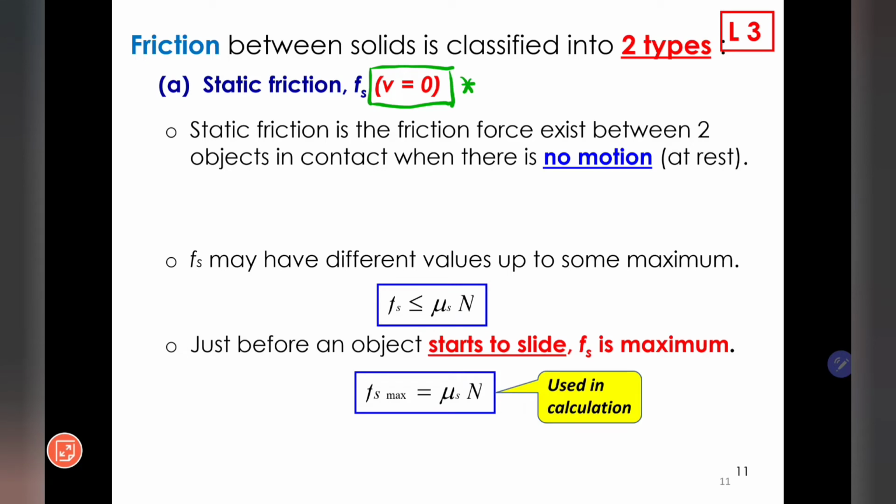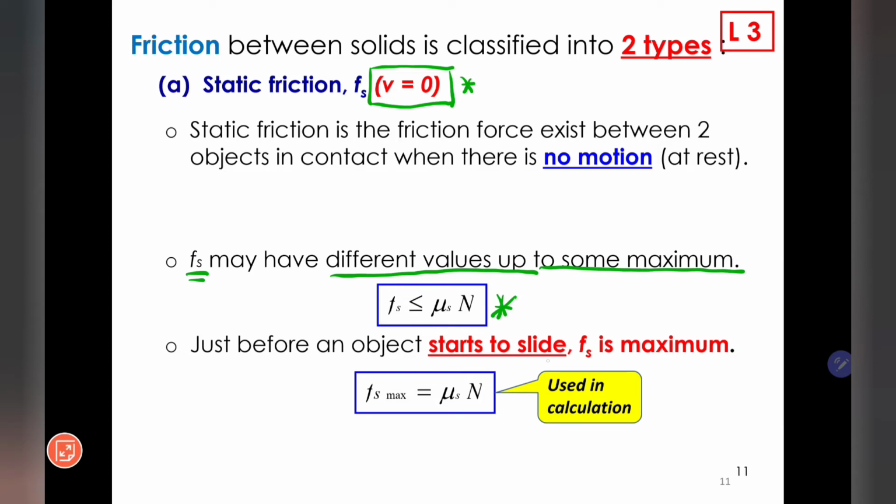Static frictional force may have different values up to some maximum. So the general equation of static frictional force is Fs less than or equal to mu s N. As we know, the value of Fs has different values up to some maximum value.